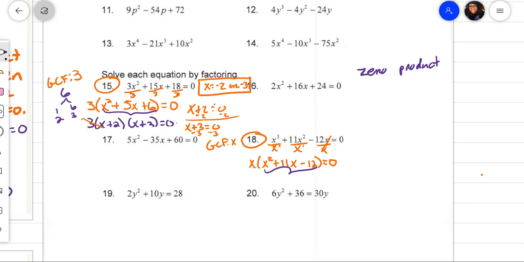So I need factors of negative 12 that add up to 11. It's either going to be negative 1 and 12 or negative 12 and 1. The one that adds up to 11 is going to be the top one here. So it's going to be x, because that was already there on the outside, x minus 1, and x plus 12.